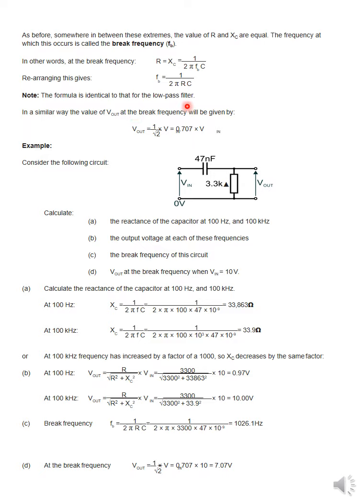This formula is identical to that for the low pass filter, but the conditions, or you can say the range of frequencies for which you are operating, are different. In a similar way, the value of V out at the break frequency will be this.